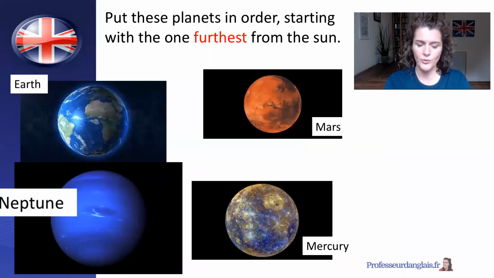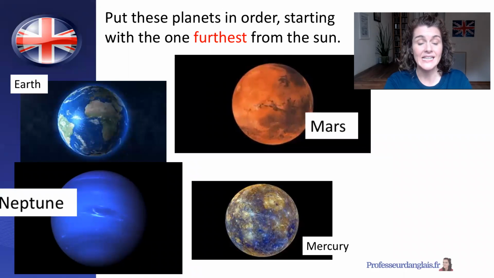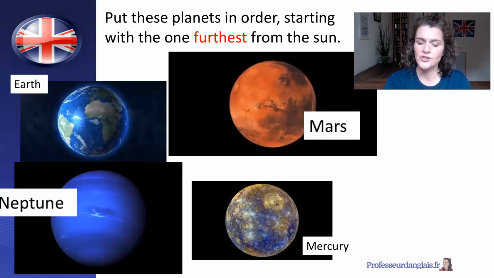It is 4.495 billion kilometers from the Sun. Which planet is the next furthest from the Sun? That is Mars. It is 227.9 million kilometers from the Sun. Which planet is the next furthest from the Sun?